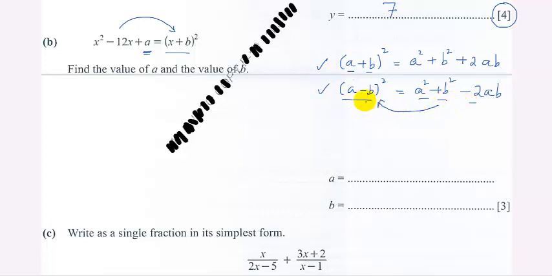This is called completing square form. So observe, this is the square of what? This is the square of a. And this is the square of what? This is the square of b. And here this is the combination of these two items, which is minus 2ab.